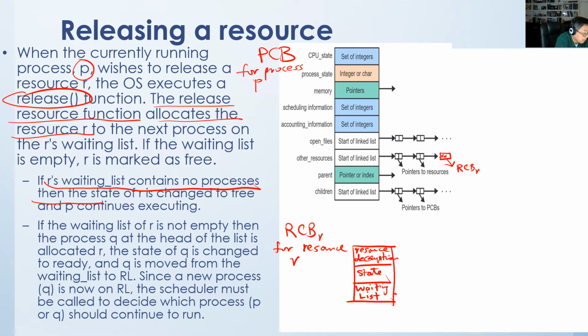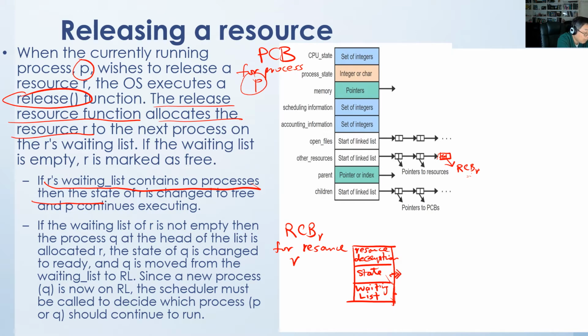Currently the state is not free, because the resource R is allocated to the process P, so it's still on the list of other resources on the PCB of P. So it's not free.